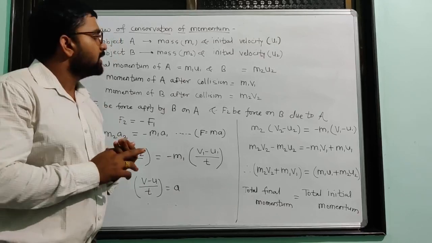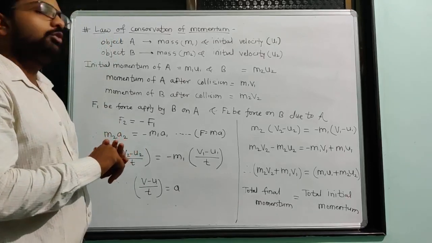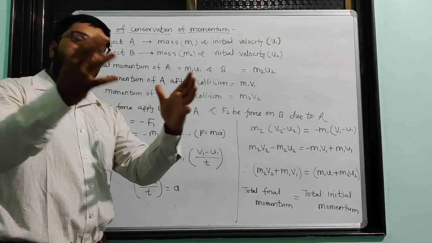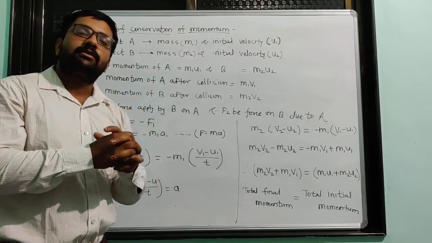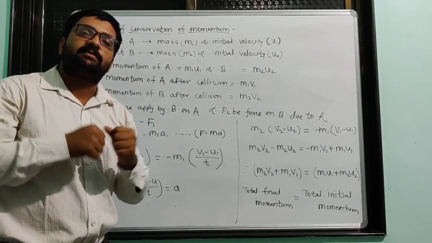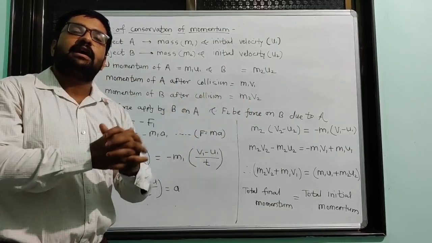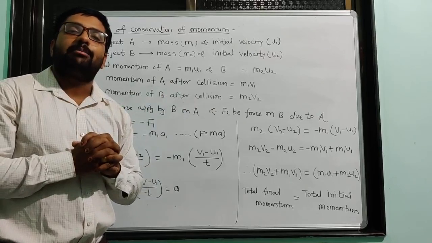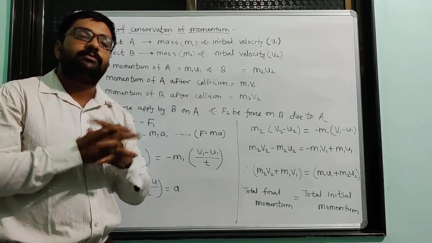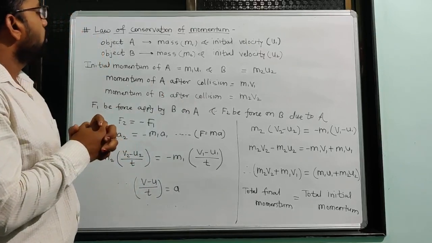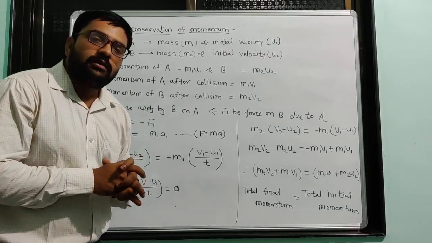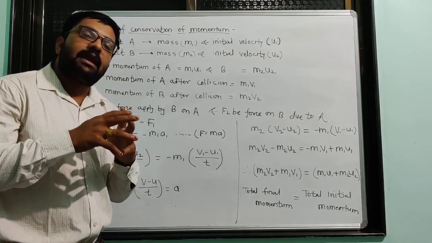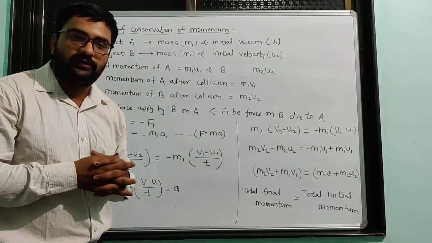Now we consider that the two objects A and B collide with each other. Collide means interaction takes place between them. After collision, one object applies a force on the other object.